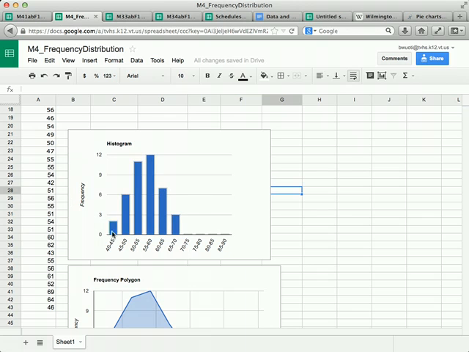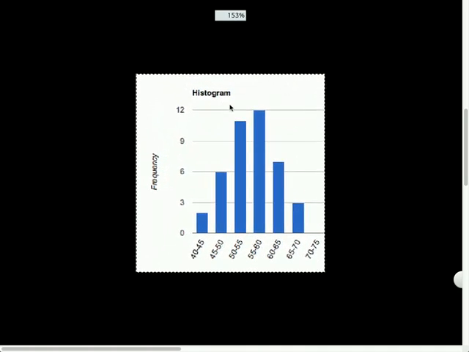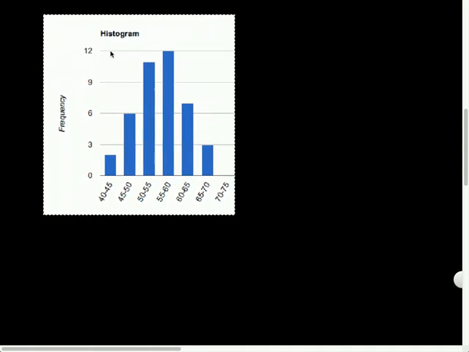Yeah, the bars are supposed to be the full width of the class. So technically, it fails in that light. I can't actually get Google Docs charts to operate in that capacity. In Excel, I am able to, but Google's, for some reason, their charts are slowly catching up.